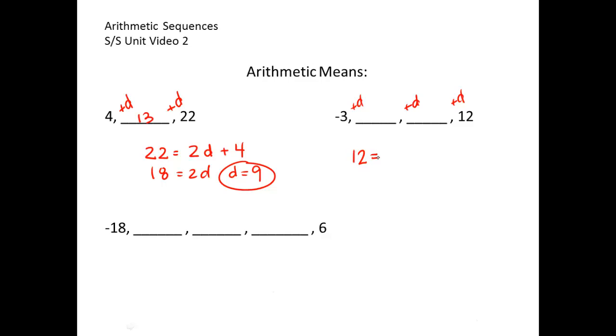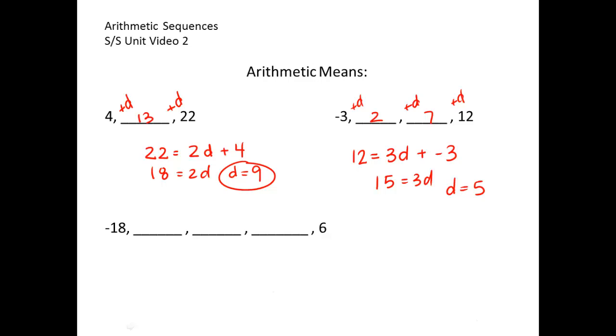So I end with 12, my finale, equals 3 common differences plus that starting value of -3. So I add the 3 to the other side, and I get a common difference of 5. Now I have to apply that common difference to this sequence. So I'm going to get a 2, a 7, and if I add another 5, I get the 12.